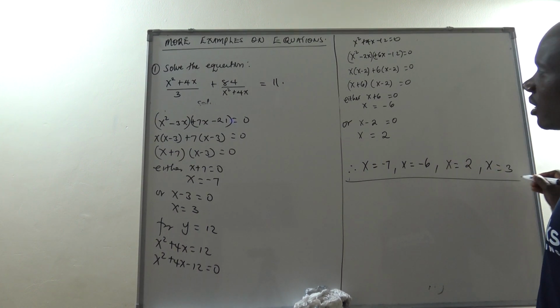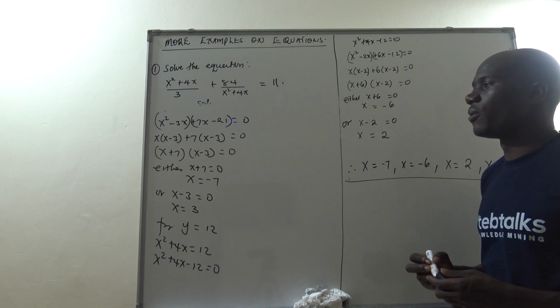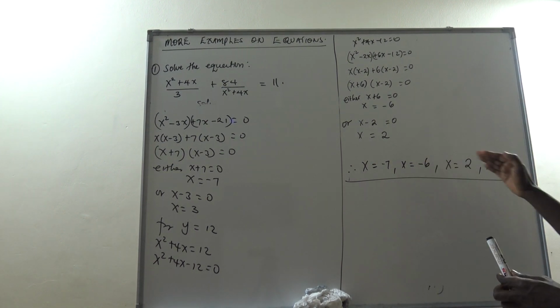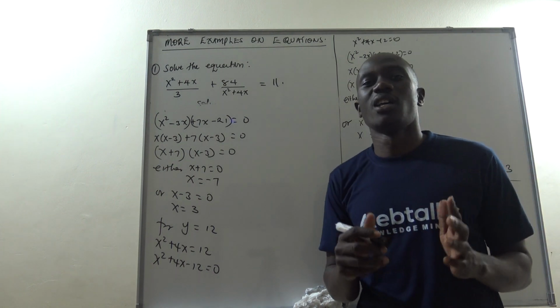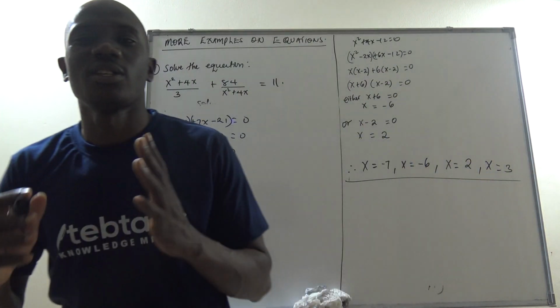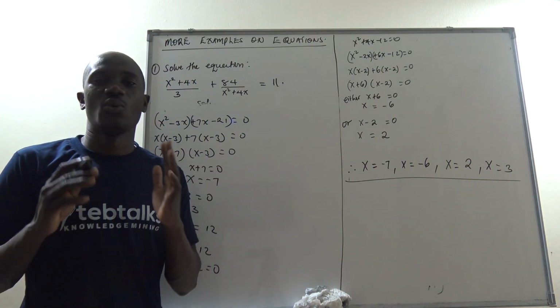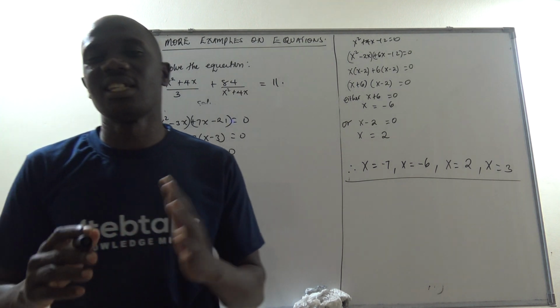You can see that the question which was given, you are supposed to come out with all these values. That's how we can try to solve such a kind of question which is given in that way.